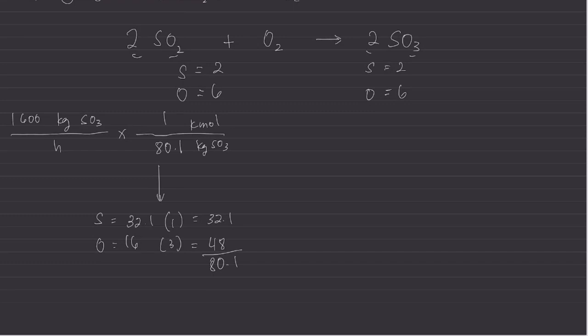So kung mapapansin nyo, since we are converting from kilograms, yung ating molecular weight now have a unit of kilogram per kilomole. So yung standard unit kasi ng molar mass natin or molecular weight is grams per mole. So pwede natin siyang i-upgrade to kilograms, pero dapat yung denominator natin, lagyan din natin ng prefix na kilo.